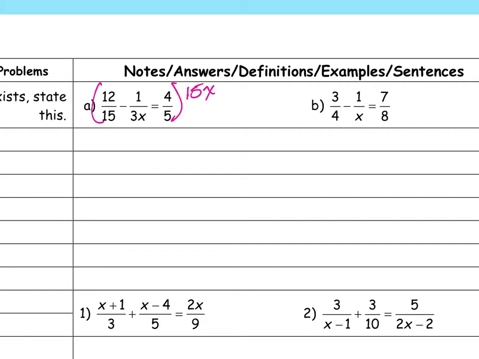If it's some great big huge number, I'm just going to leave it multiplied. I'm going to write it this way: 12 times 15x divided by 15 minus 15x divided by 3x equals 4 times 15x divided by 5.